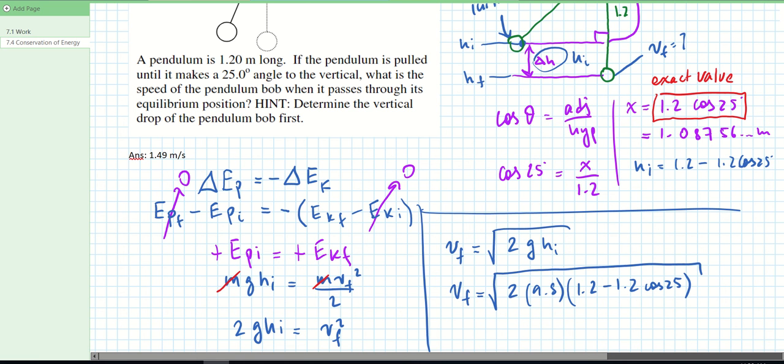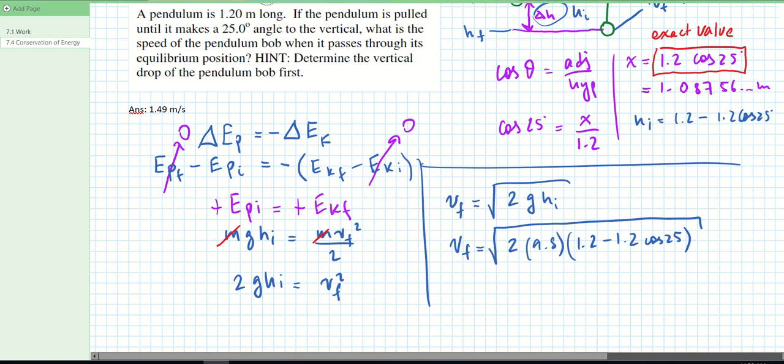When you do your calculation, you're going to do this all in one go on the calculator so you don't end up with rounding mistakes. So 1.2, and I'm going to do the brackets first, of course, BEDMAS. So 1.2 minus 1.2 times cos of 25, that's going to be 0.11, times 9.8 times 2, that's 2.2.